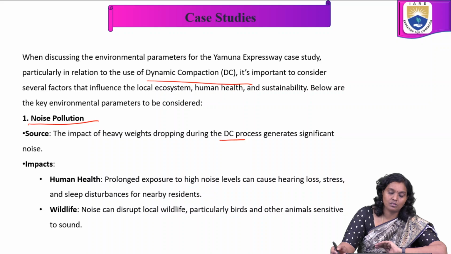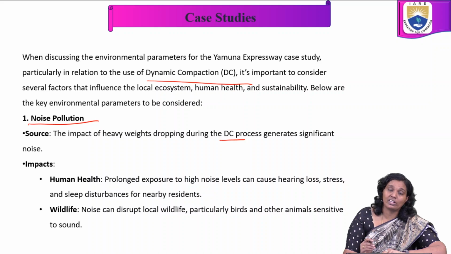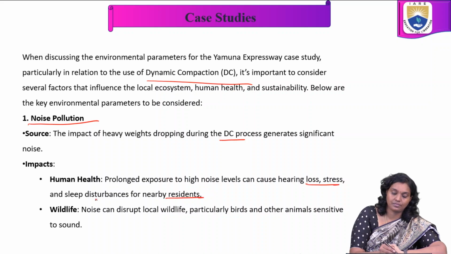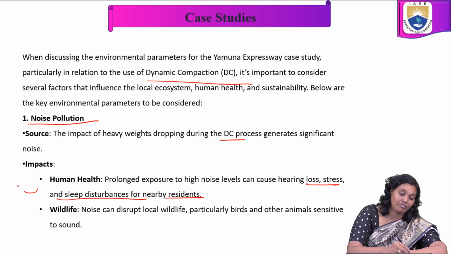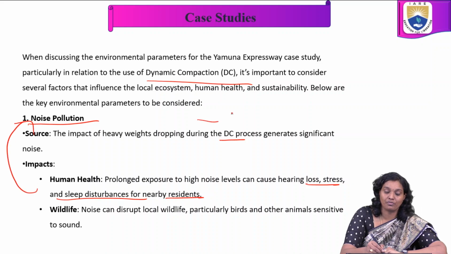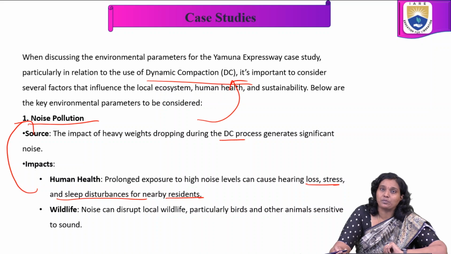Prolonged exposure to high noise levels can cause hearing loss, stress and sleep disturbances for nearby residents. These are the human health impacts we get from noise pollution because of the dynamic compaction technique we choose for the Yamuna Expressway.